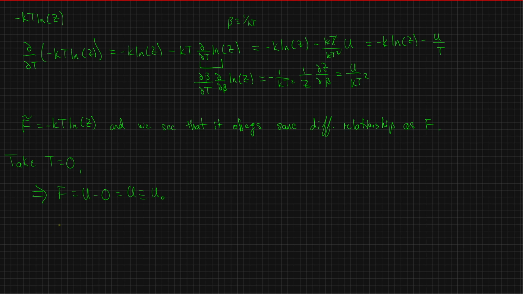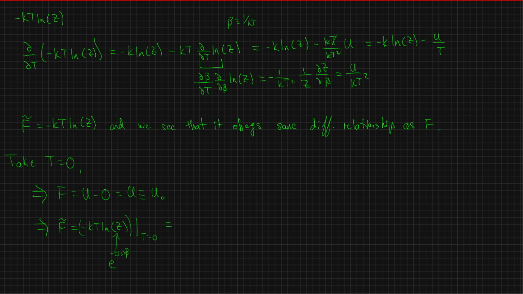Now if we want to evaluate F tilde at the same place, it's going to be basically the same reasoning. So take F tilde, it's defined as minus KT ln of Z. And let's evaluate that at T equals 0. So this Z right here, remember, basically looks like a sum over e to the minus E_s times beta, right?